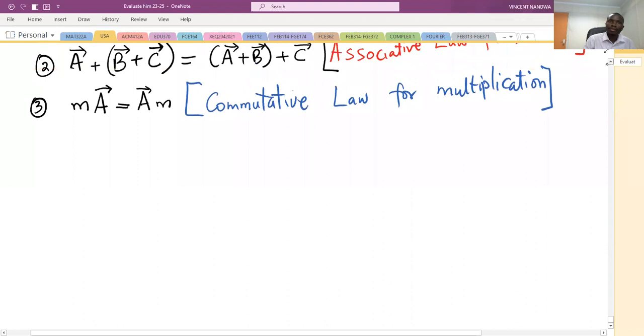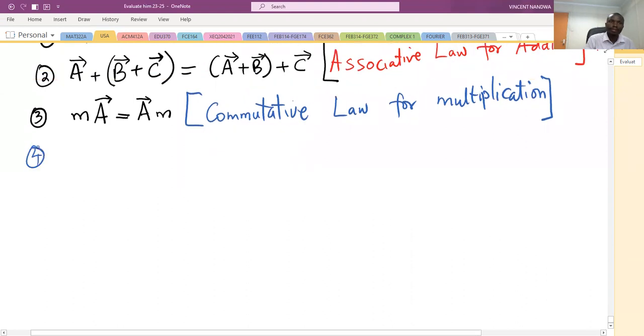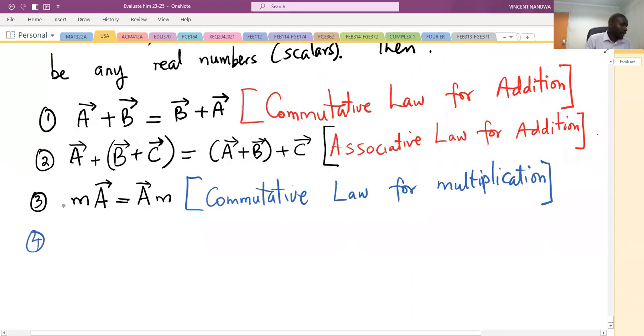And then number 4, if I have M plus N, these are the scalars, and I multiply by vector A, I'll get MA plus NA.